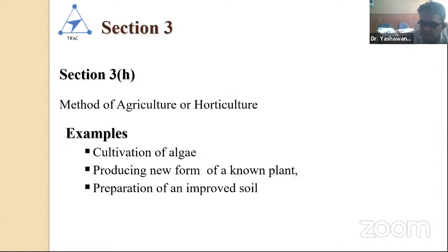So if you've done a method of agriculture and horticulture, then again, it will not be patentable. So you may have a very good method of growing mushroom at home. That method of growing efficiently will not be a patentable subject matter.